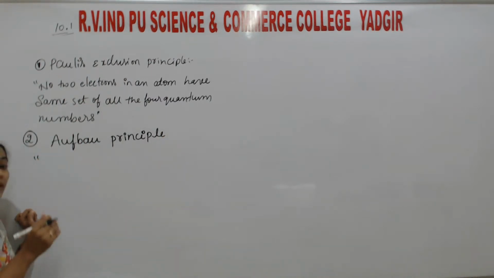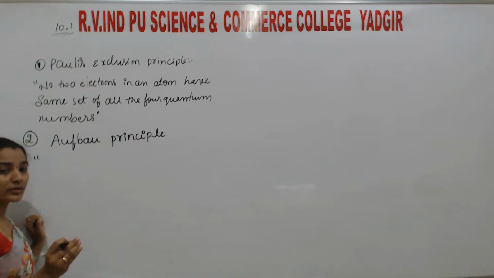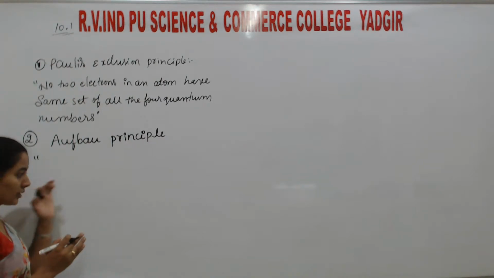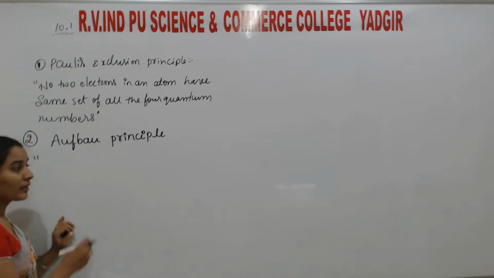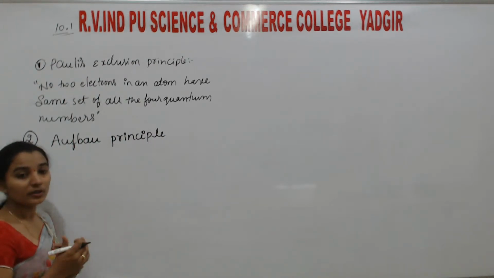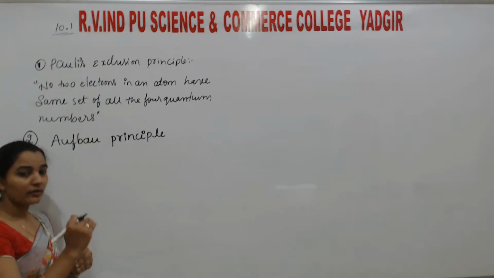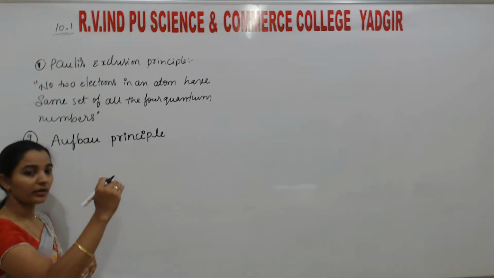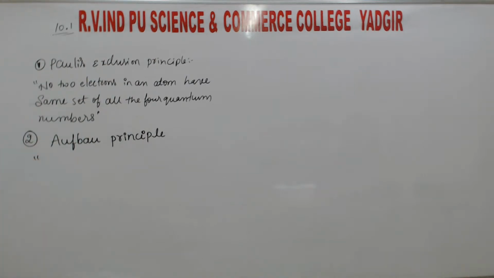In an atom in the ground state, the filling up of electrons takes place in the increasing order of energy. Understood? So different orbitals are there, and the electrons fill them according to increasing order of energy, meaning lower first, followed by somewhat higher, higher, higher. So that is the statement.